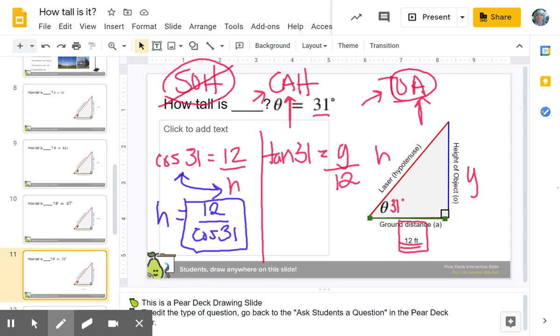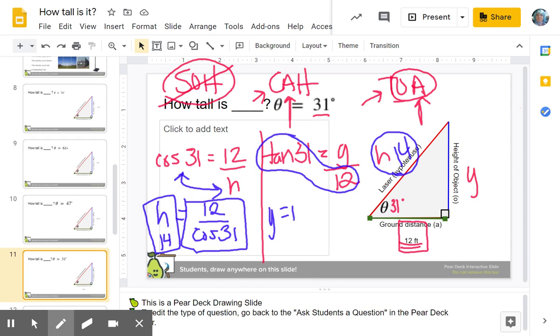Or can I round it to 14? Because 13.9996, that's pretty close to 14. So what about the other one? How do I do this? If the y is in the numerator, I can just multiply. So y equals 12 times tangent 31.